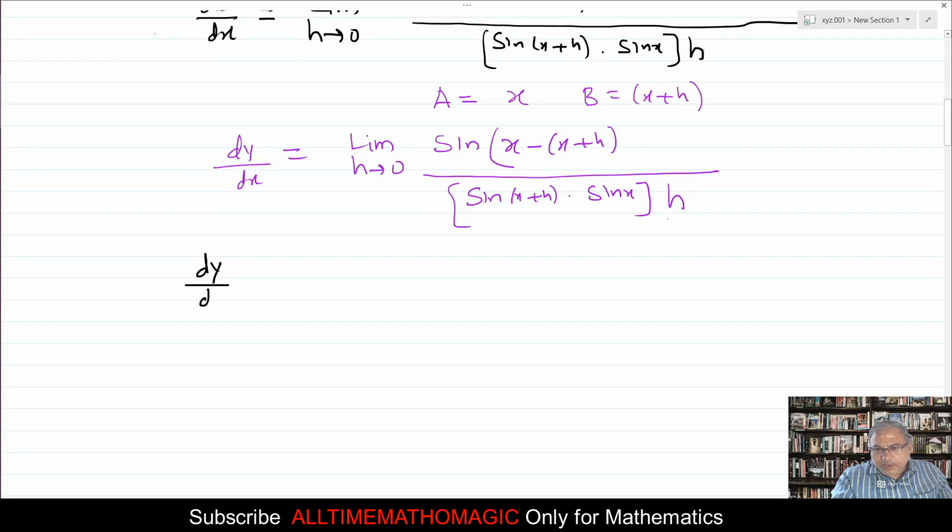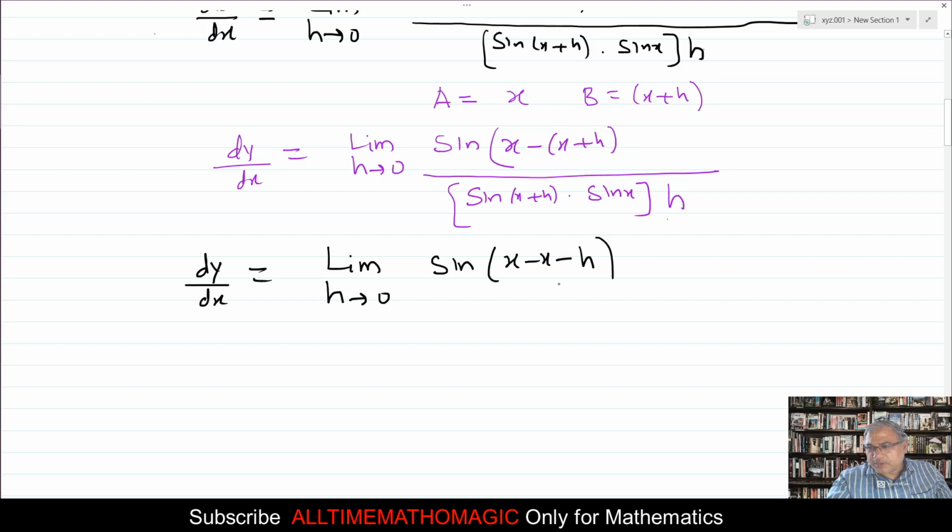Therefore dy by dx equals limit h tending to 0 of sin of x minus x plus h upon sin of x plus h sin x and h.